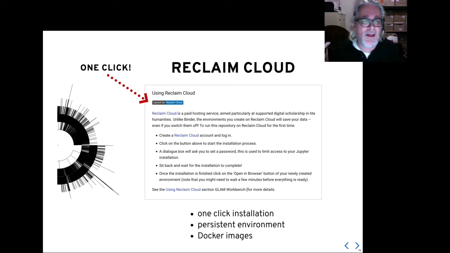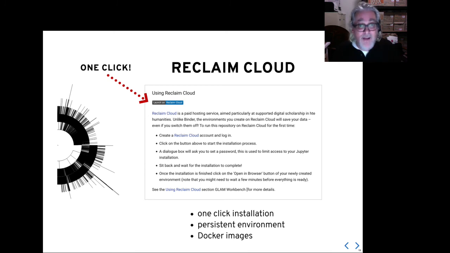So I've set up the Web Archives repository now so that there's a button. You click on the button, it installs the repository, creates your environment, everything that you need within Reclaim Cloud. That environment is similar to the one on Binder, but it's persistent. It will stay there until you switch it off. So all your data will be saved. And it's using a Docker image, which you can just run on your own computer if you'd prefer as well.